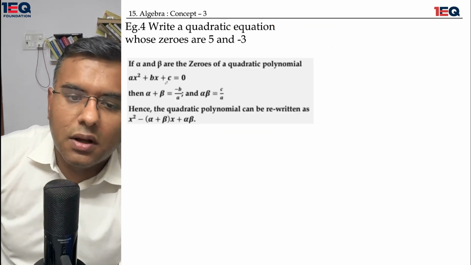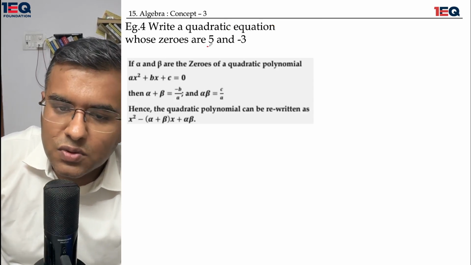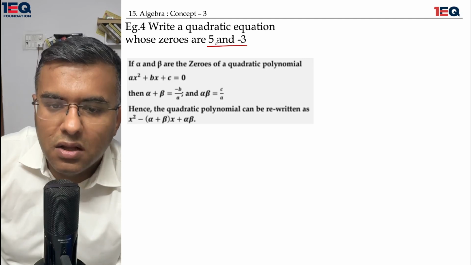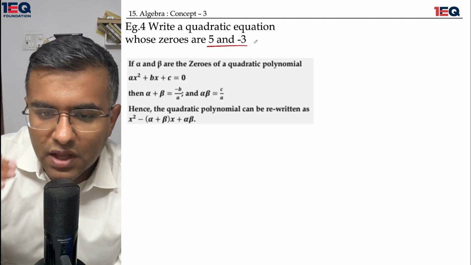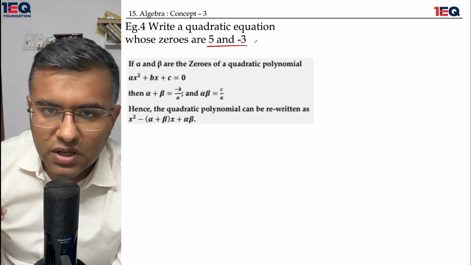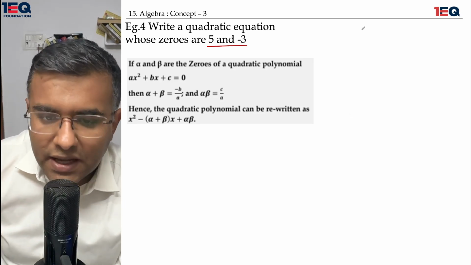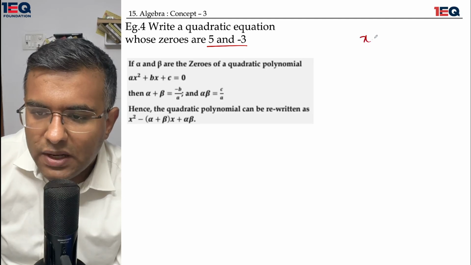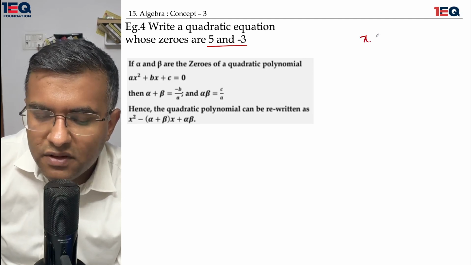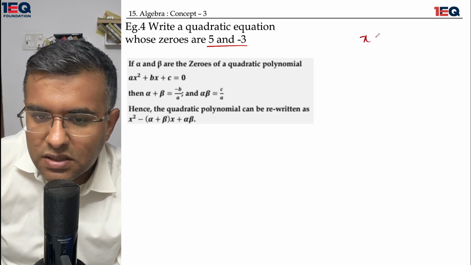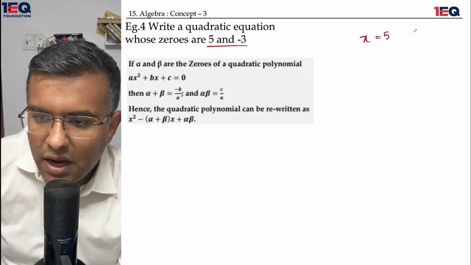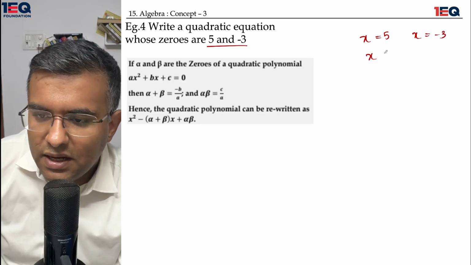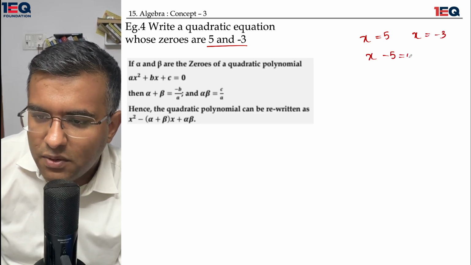Write a quadratic equation whose zeros are 5 and -3. Now, in this manner, I'm supposed to go in reverse order. What I can do is write that if the zero of x is equal to 5 and the zero of the other x is equal to -3, then x minus 5 is equal to 0 and x plus 3 is equal to 0.